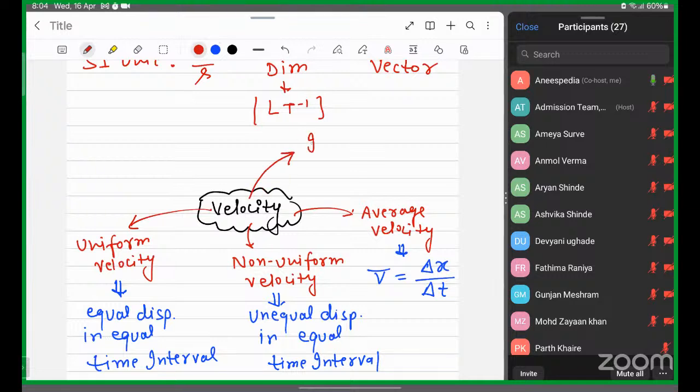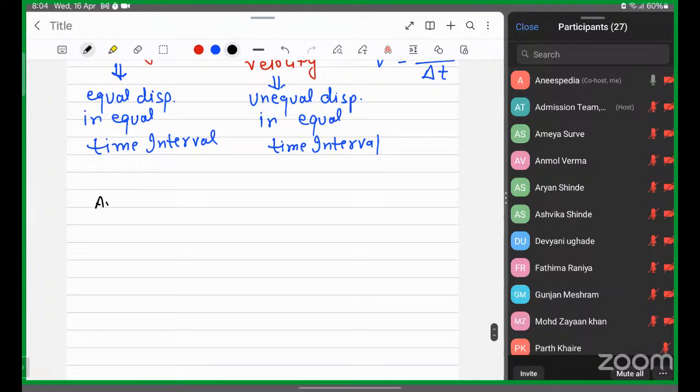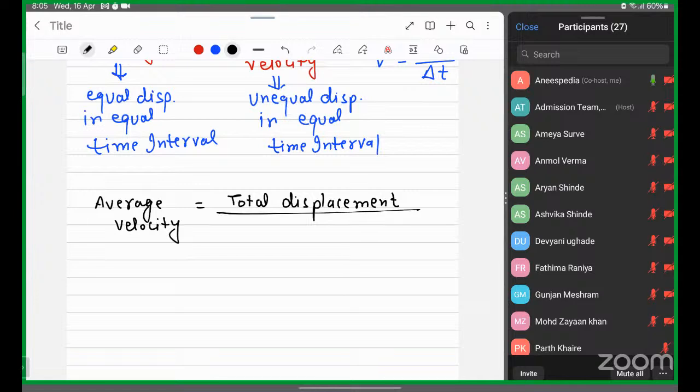Then we have instantaneous velocity. Average velocity can be defined as total displacement divided by total time taken.